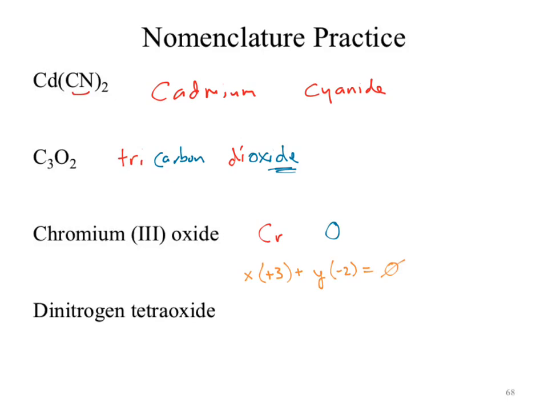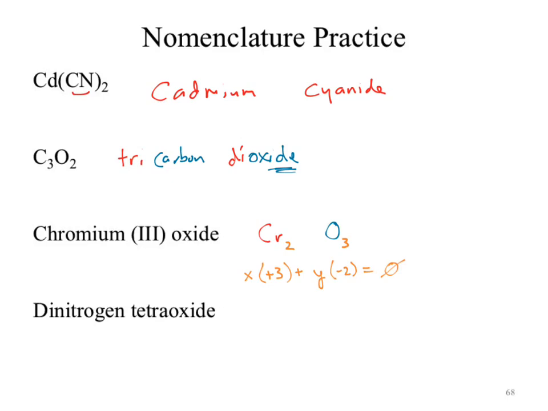It's smaller. I'm looking for the smallest whole number multiple. How do I make 3 a 6? Multiply by 2. Guess what x is? How do I make this 2 a 6? Multiply by 3. Guess what y is? Now I have my correct formula.